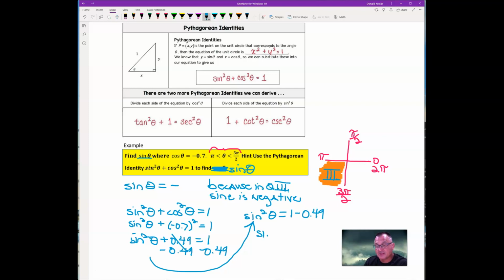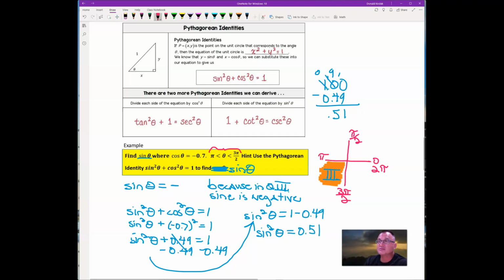So sine squared theta equals, when you subtract those, 1 take away 49 hundredths, I get 0.51.